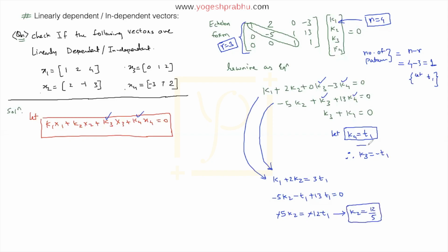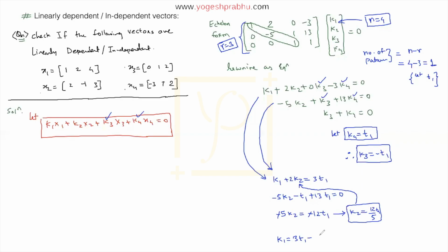Okay, so far I've got k3, k4 and k2. Now if I put that k2 value back here, I'll get k1. The k1 value will be 3 t1, and if I put 12 by 5 t1 for k2, that will go on the other side.